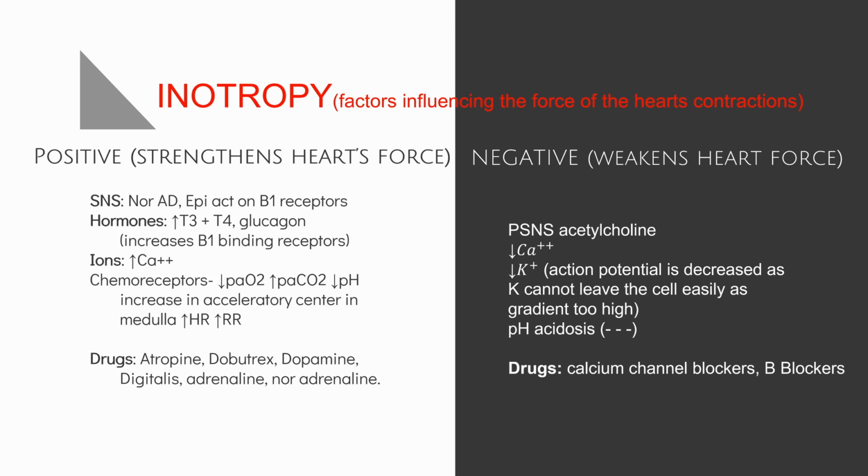Drugs that we give that are positive inotropes: atropine, Dobutrex, dopamine, digitalis, adrenaline, noradrenaline. We've got many inotropes, and they all work in different places in our cardiac output. They are not prescribed randomly or based on who is what prescriber's favorite.